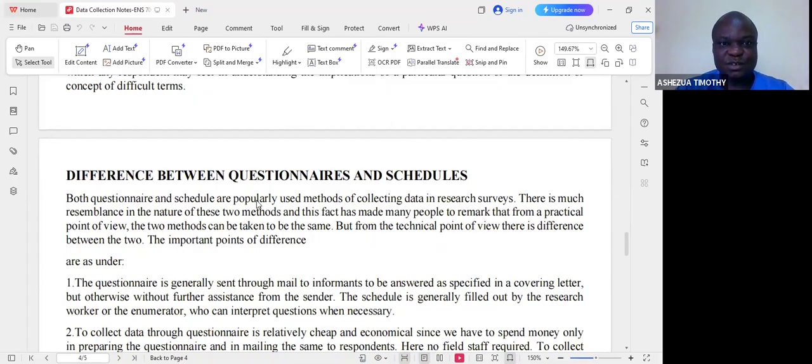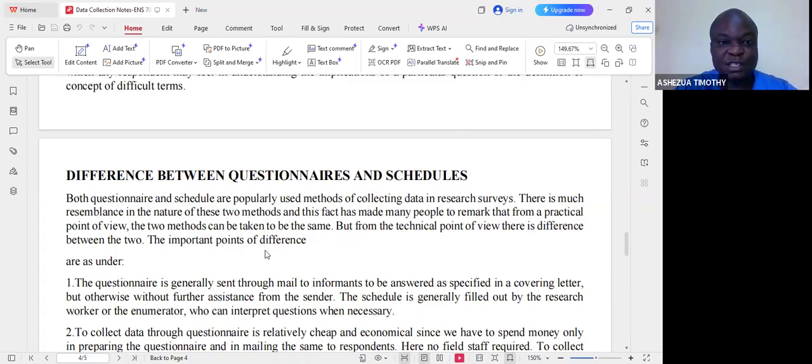Both questionnaire and schedule are popularly used methods for collecting data in research survey. There's much resemblance in the nature of these two methods, and this fact has made many people remark that from a practical point of view, the two methods can be taken as the same. But from the technical point of view, there's a difference between them.